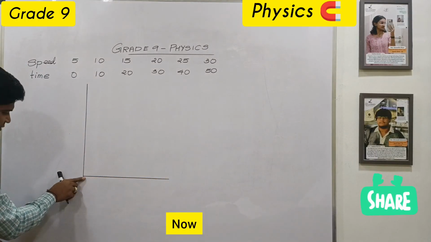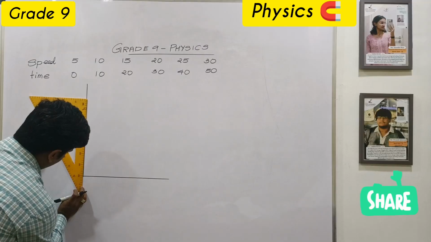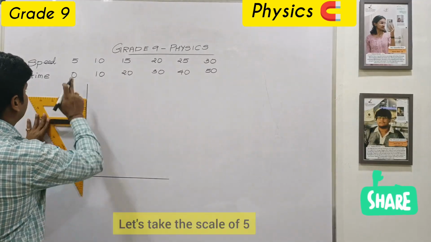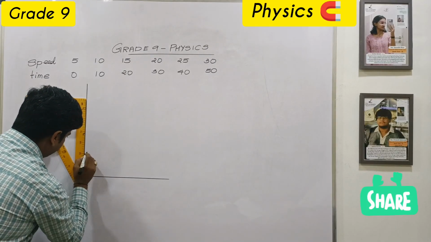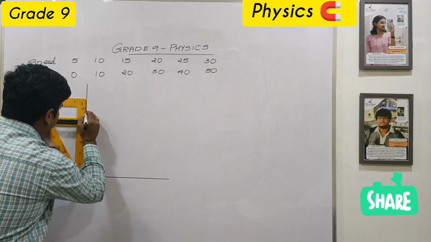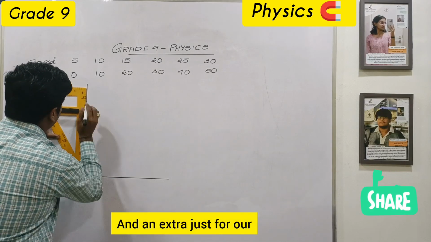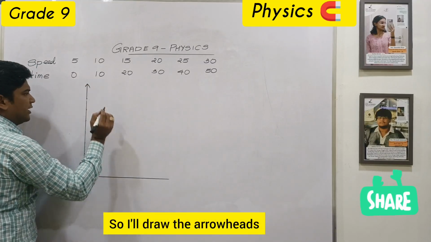Obviously, first I'll take it as 0, and then here the speed will come. Let's take a scale of 5: 5, 10, 15, 20, 25, 30, and one extra just for our concern. I'll draw the arrowheads.